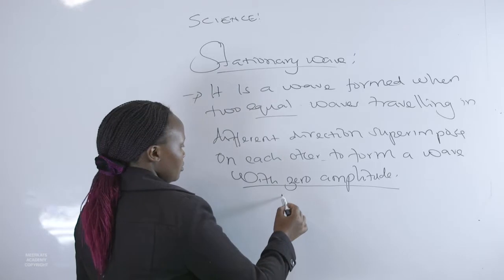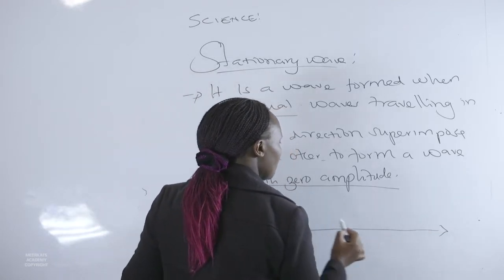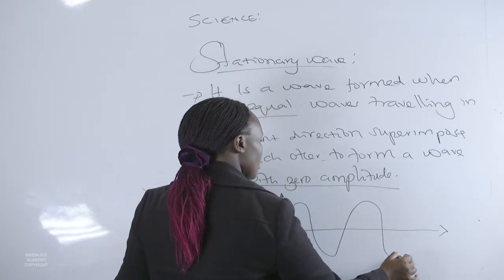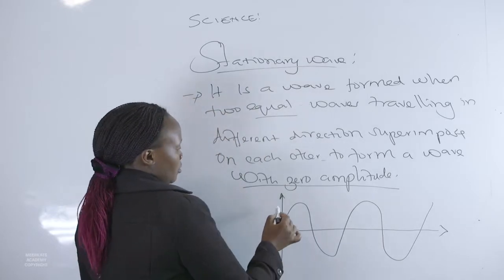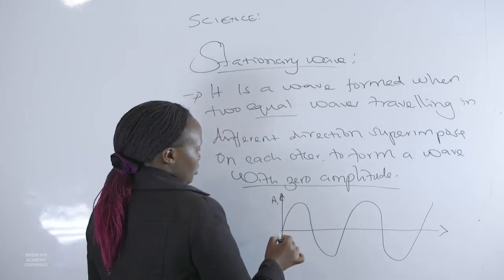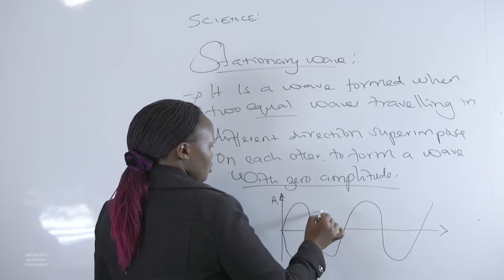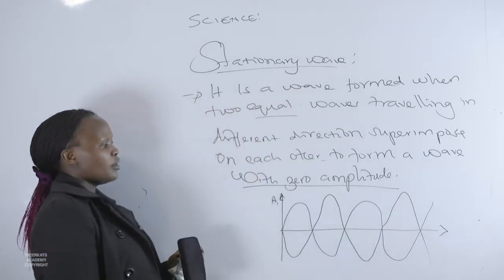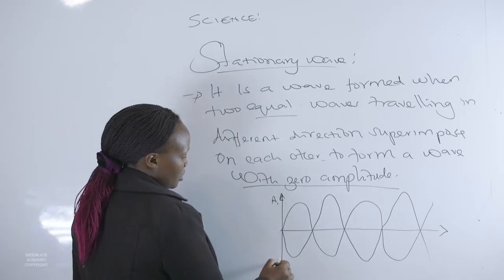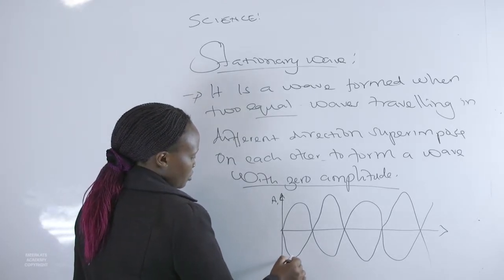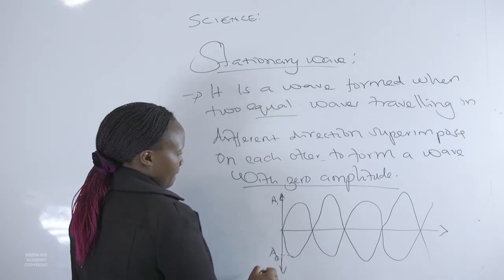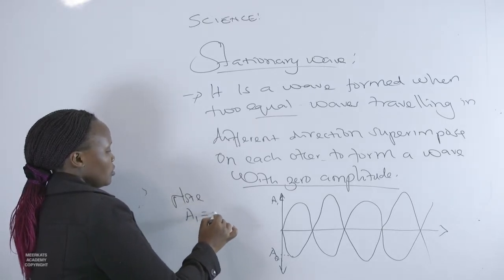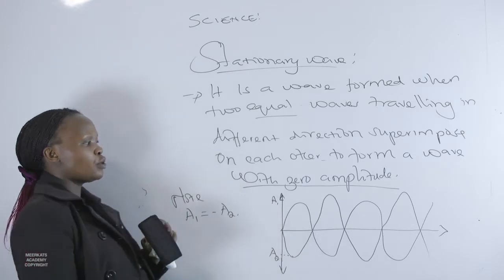Let us take a diagram. We have two waves. Let us call this one wave 1. Then wave 1 has an amplitude A1. Then we want it to superimpose itself on another wave which has an amplitude A2, and let us note that A1 is equal to negative of A2.